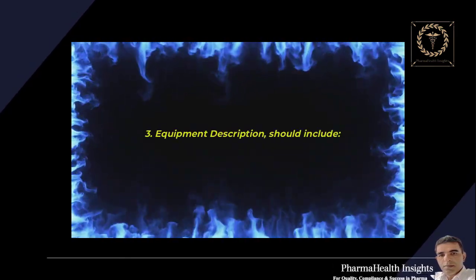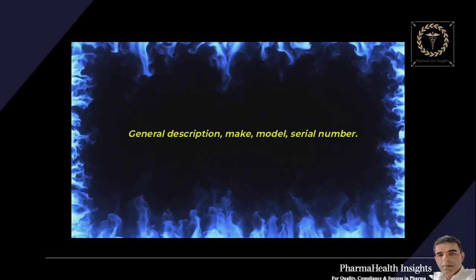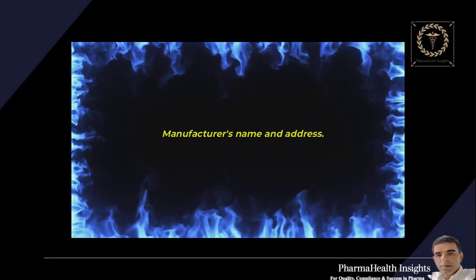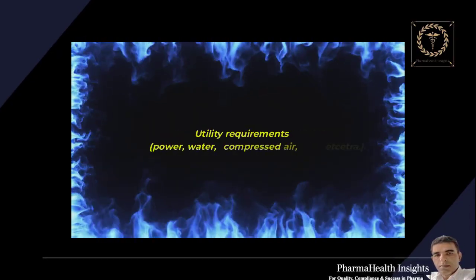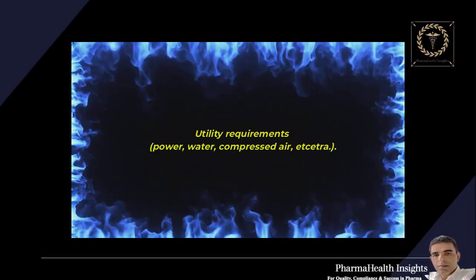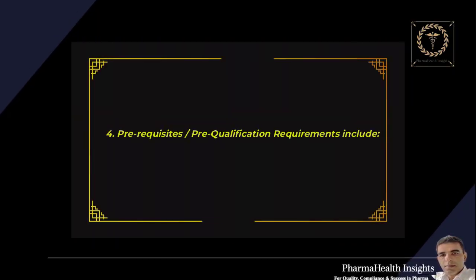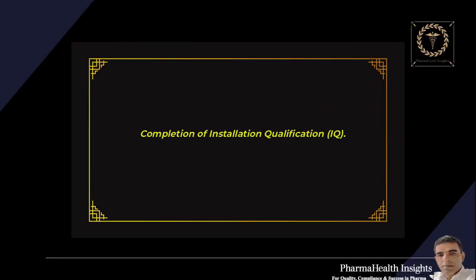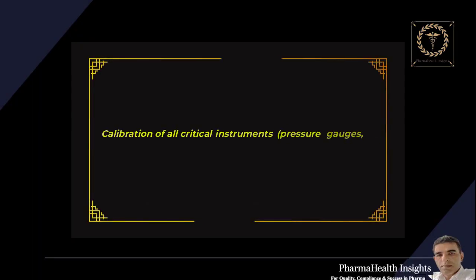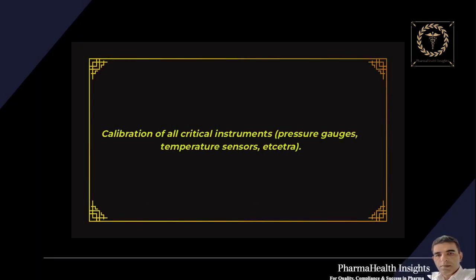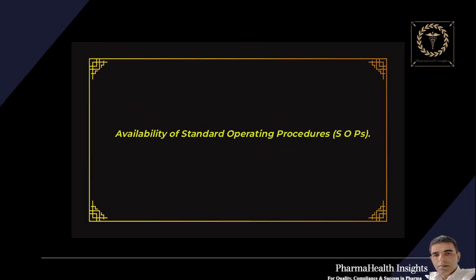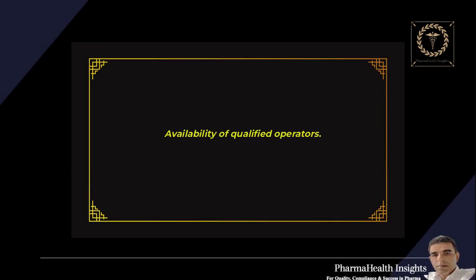Equipment description should include general description, make, model, serial number, manufacturer's name and address, utility requirements, power, water, compressed air, etc., software and firmware version, if any. 4. Prerequisites. Pre-qualification requirements include completion of installation qualification, IQ, calibration of all critical instruments, pressure gauges, temperature sensors, etc., availability of standard operating procedures, SOPs, availability of qualified operators, safety checks completed.